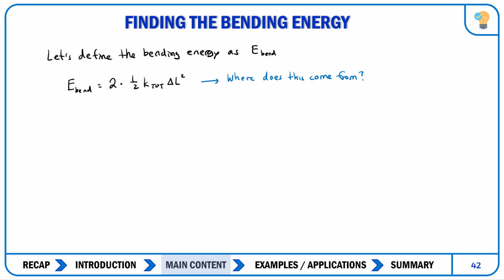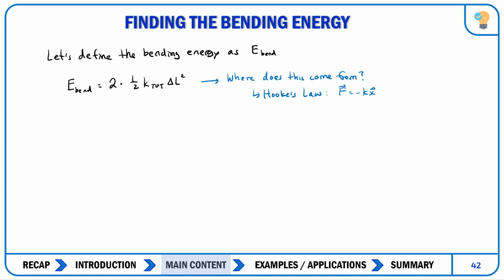If you think about it, it looks familiar. It's quite Hookean, so it comes from Hooke's law, where F is equal to negative kx.